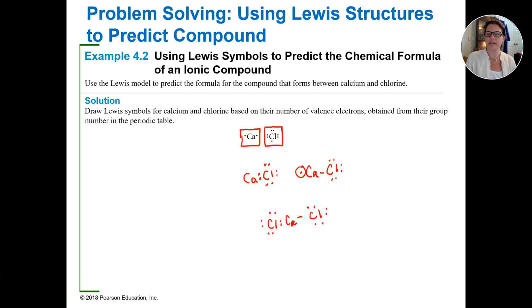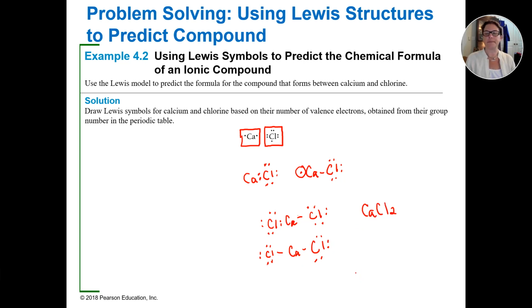And now these in here are going to form a bond.